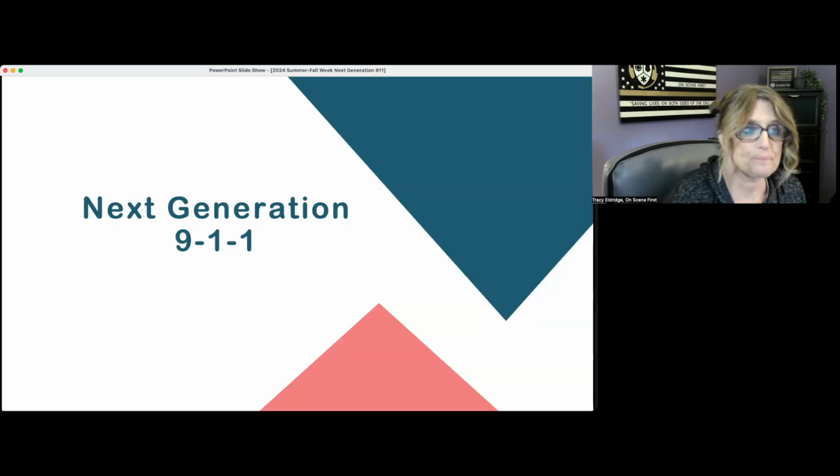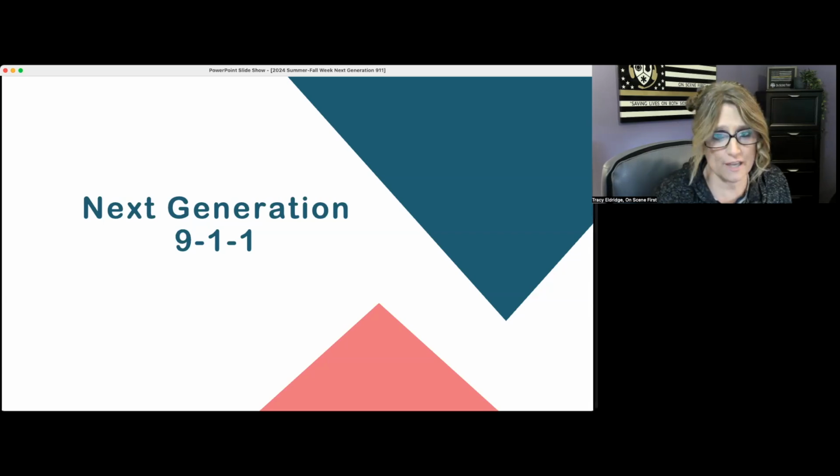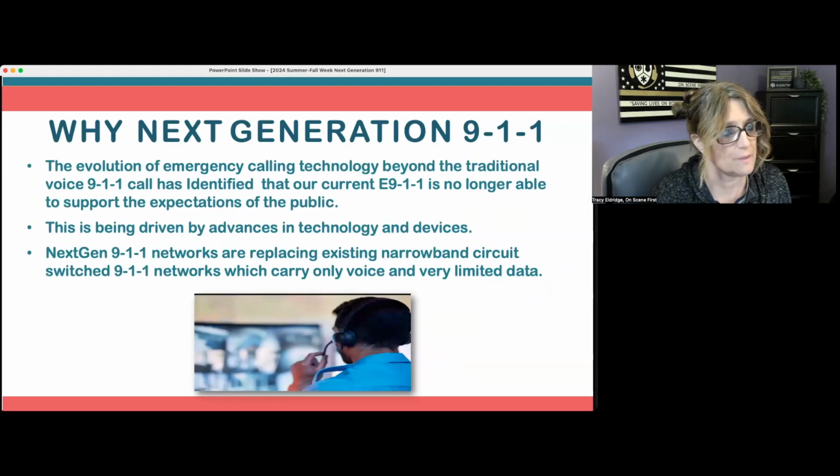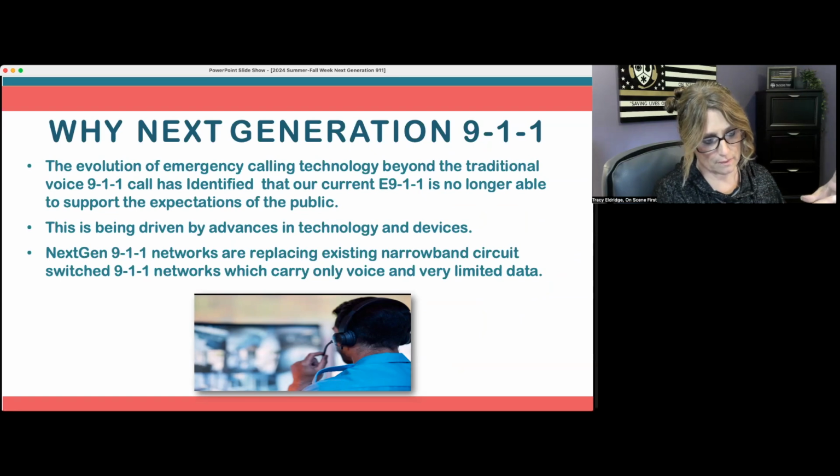So let's move on. The next generation 911 piece. Why next generation 911? Because this is where we're at, right? The evolution of emergency calling technology is beyond what we needed versus what we need now.